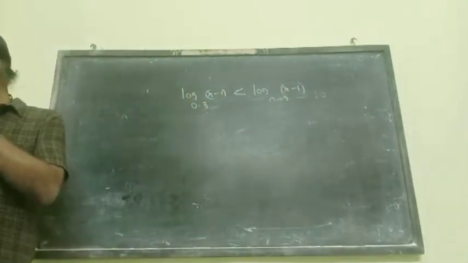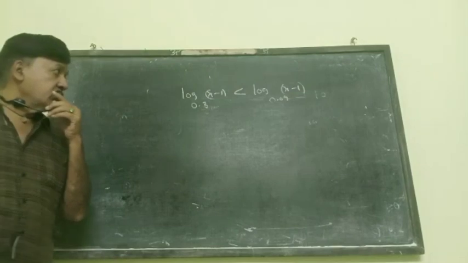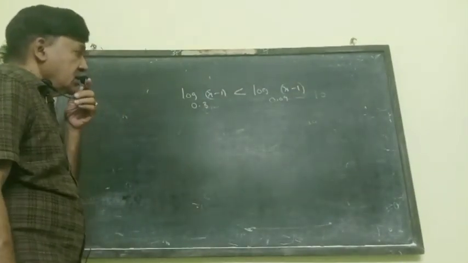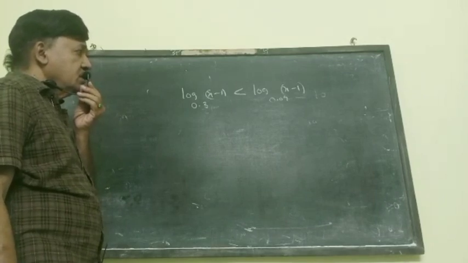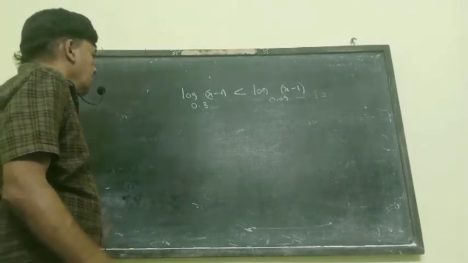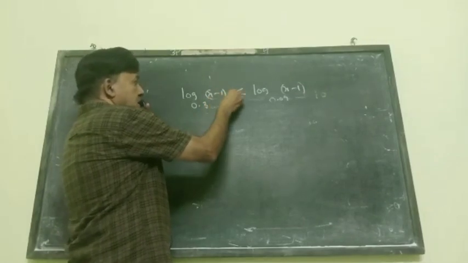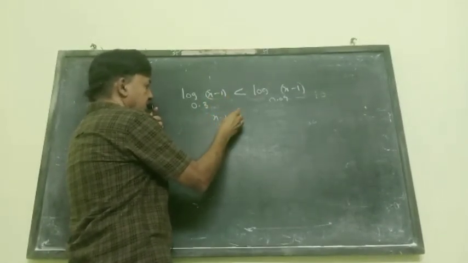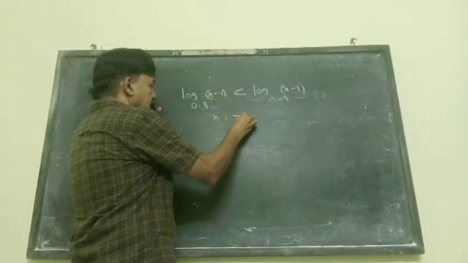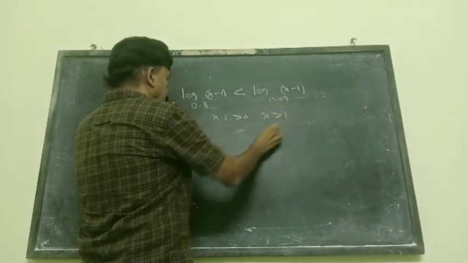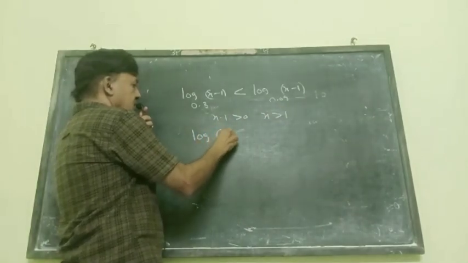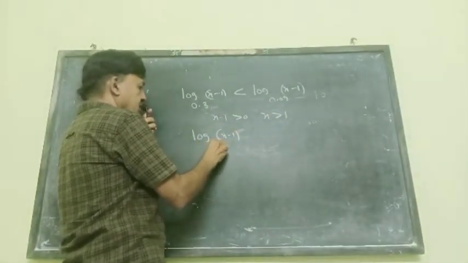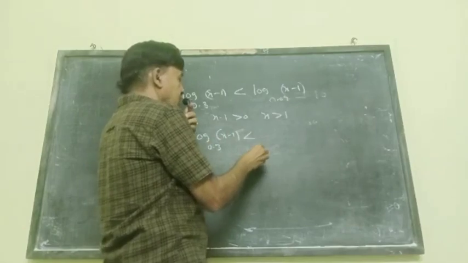Solve for x. See, first of all, log should exist, means x minus 1 greater than 0. So x is greater than 1. So this is log x minus 1 to base 0.3 less than.